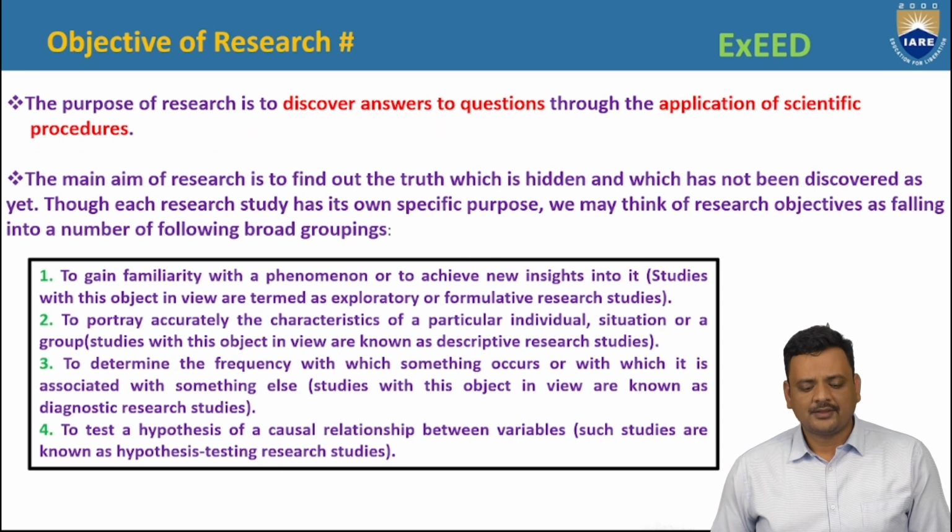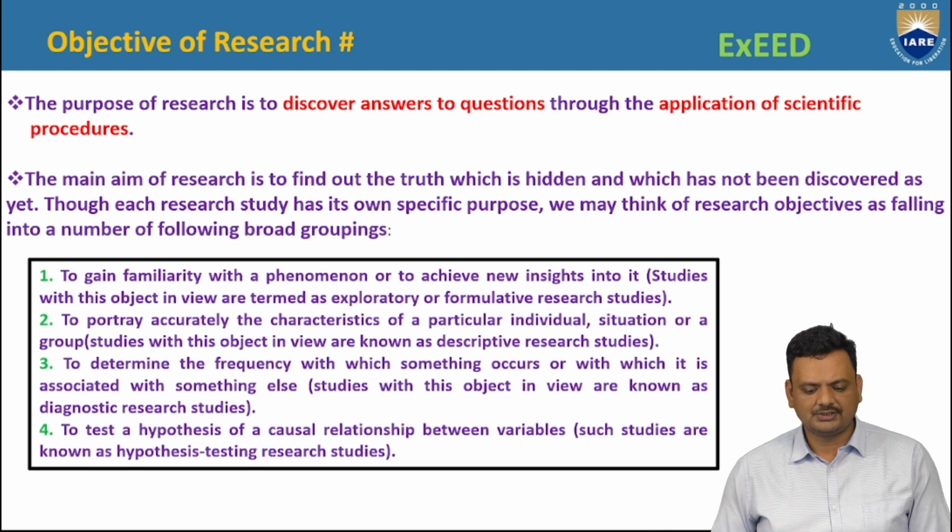Now, after the definition of research, we should define the objective of research. What should be your objective of research? The purpose of research is to discover an answer to a question through the application of scientific procedures.